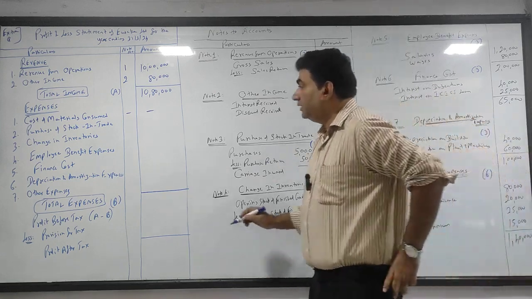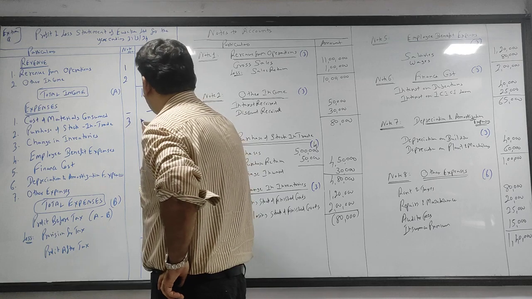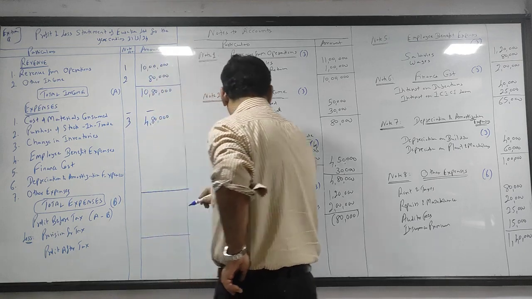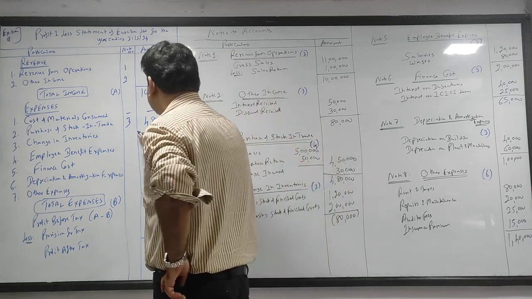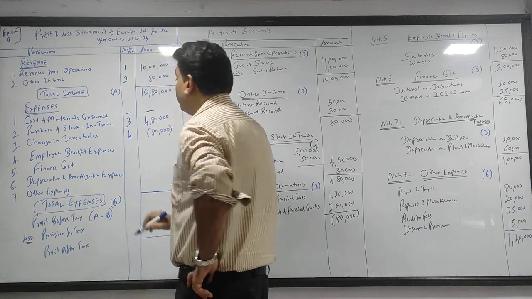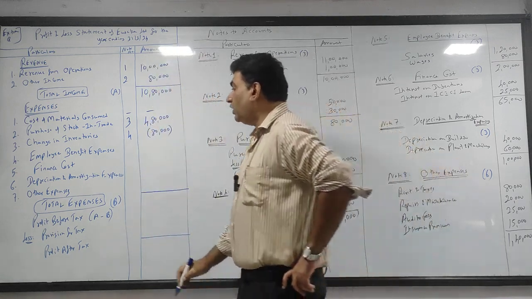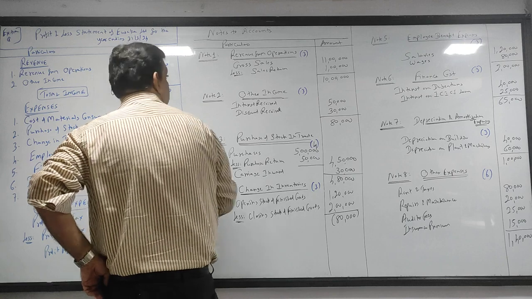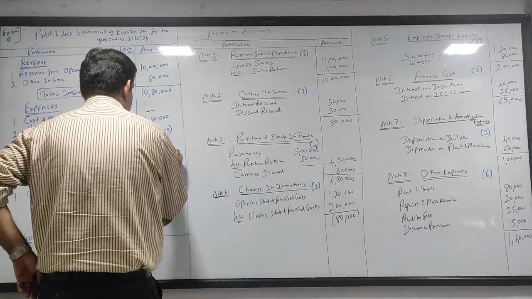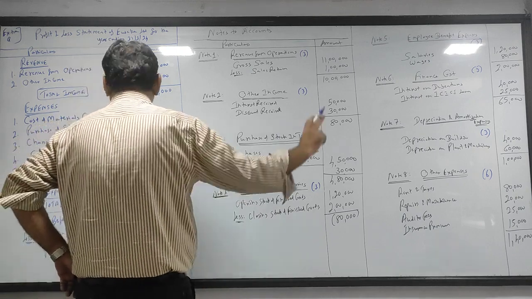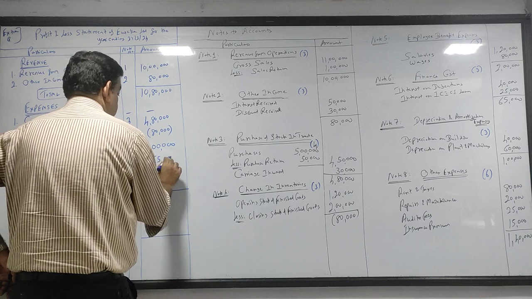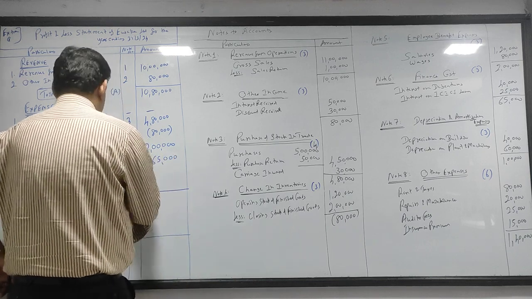Purchase of stock in trade, note 3, 480. So 4 lakh 80,000. Change in inventories, note 4, negative 80. Employee benefit expenses, note 5, 2 lakhs. Finance cost, note 6, 65.